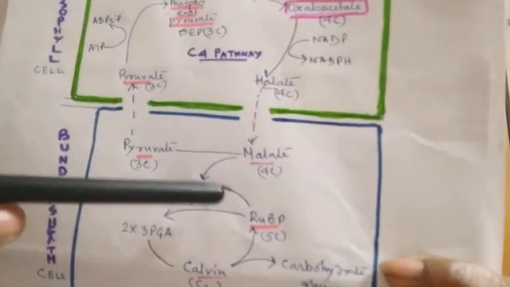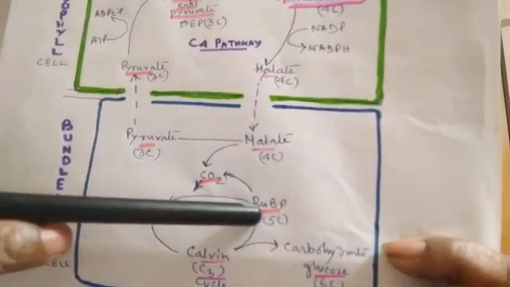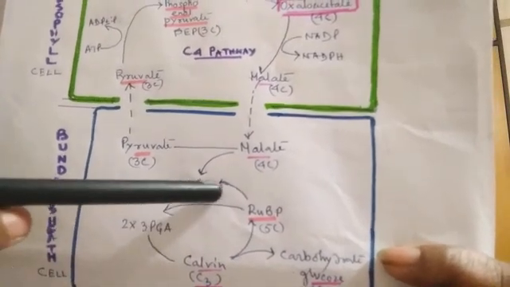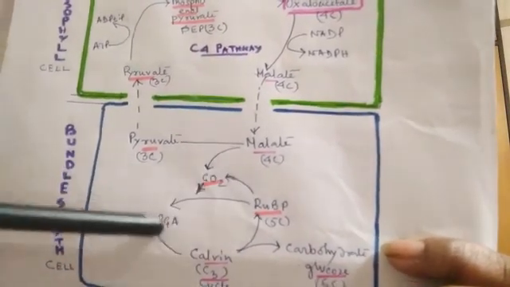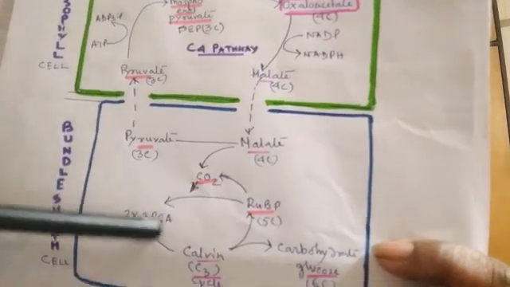And this carbon dioxide which is released from malate is utilized by ribulose bisphosphate and Rubisco for fixation, and ultimately the Calvin cycle occurs. Clear? So thus carbohydrate is generated from this carbon dioxide.